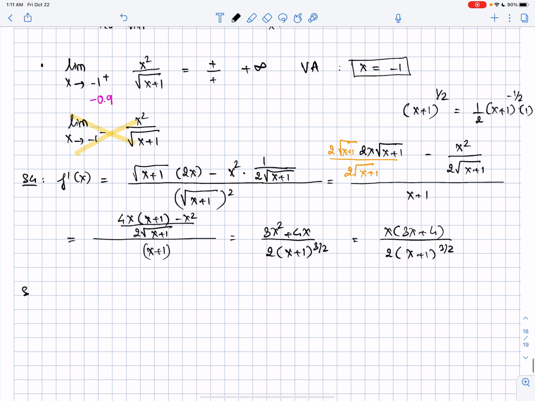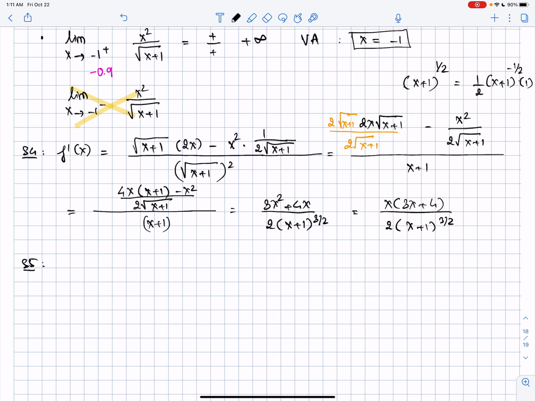Step number 5, we will find the local minimum and local maximum. Before we find the local minimum and maximum, we need to find the intervals, right? So f prime of x equals 0, or f prime of x does not exist.